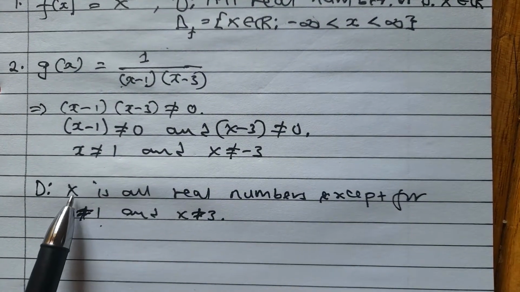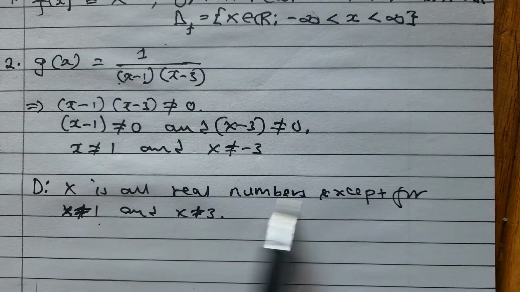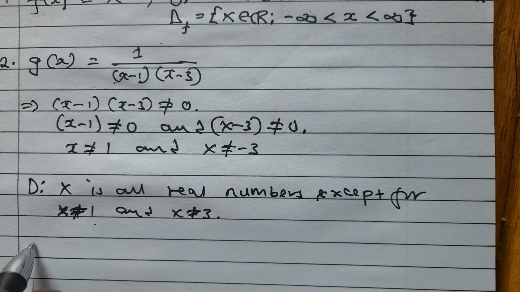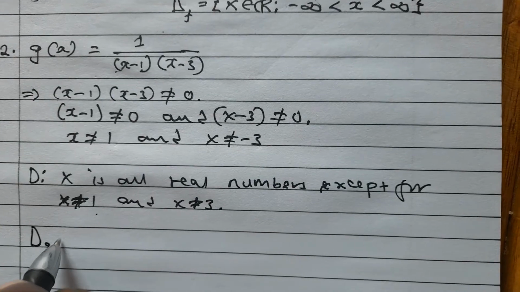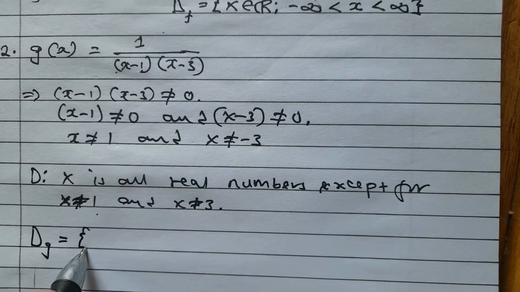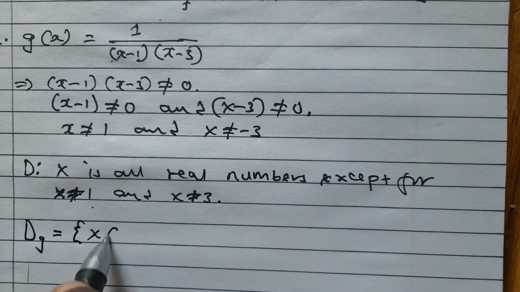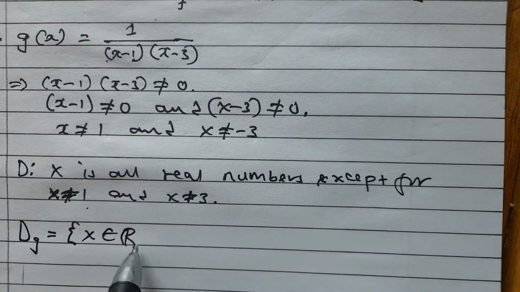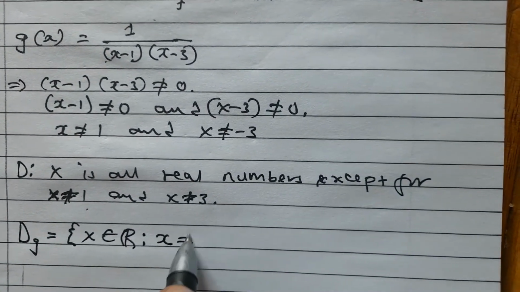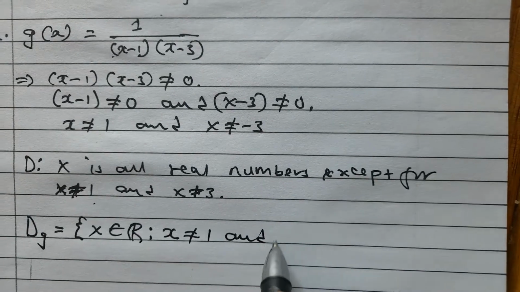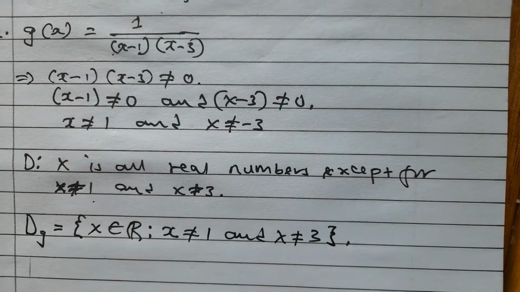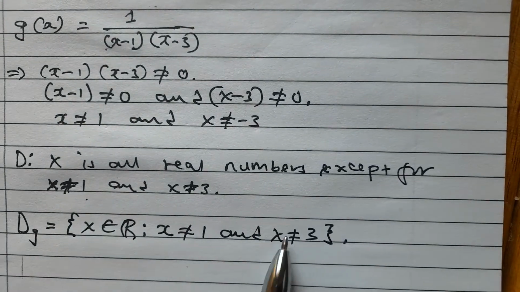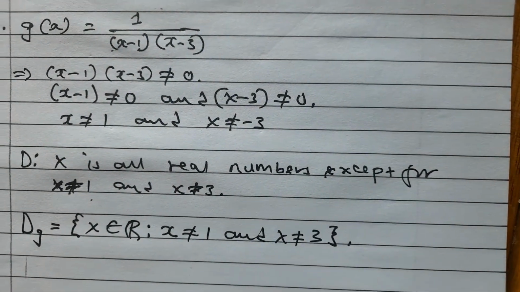And in order to avoid the wordy thing here, we can write the domain of the function g as the set of x values, such that x is in the real numbers and x is not equal to 1 and x is not equal to 3. That is also a proper definition of the domain of this function.